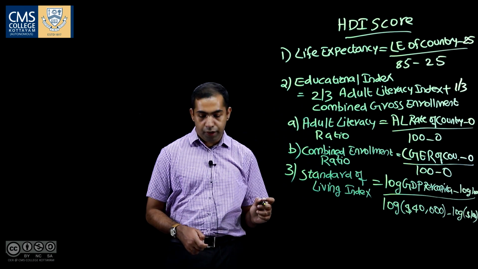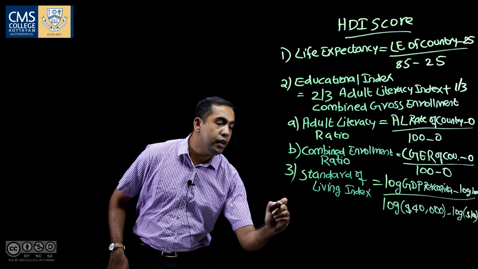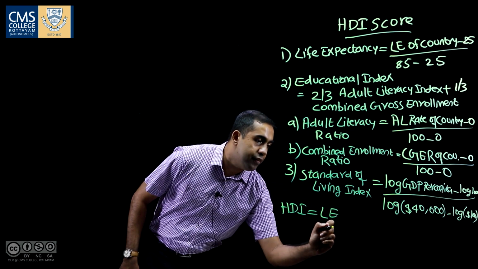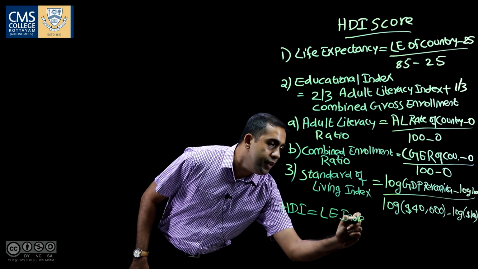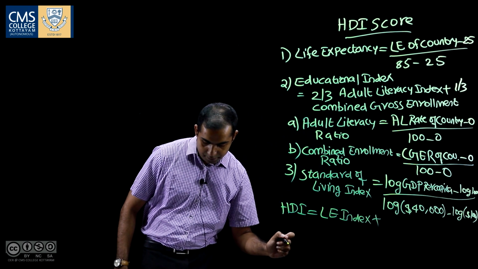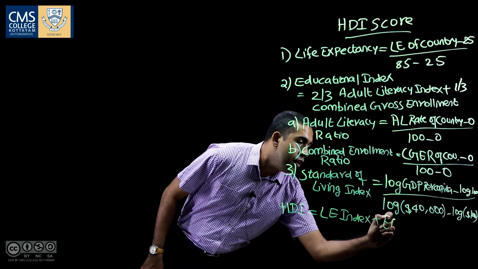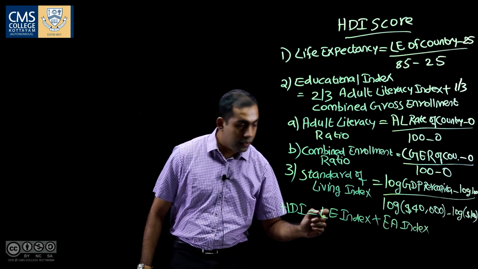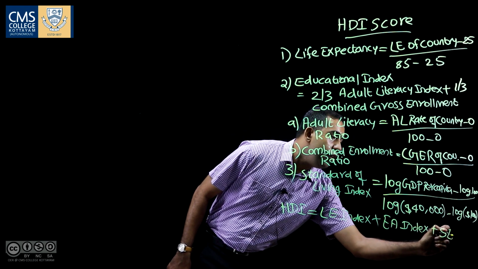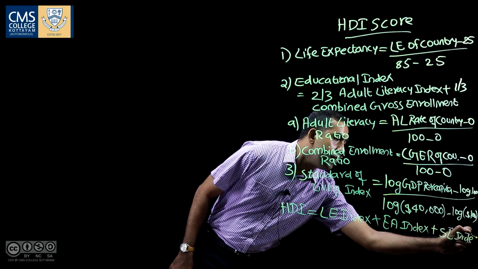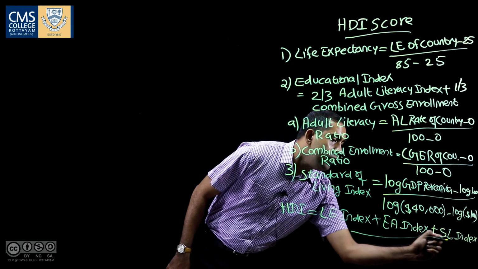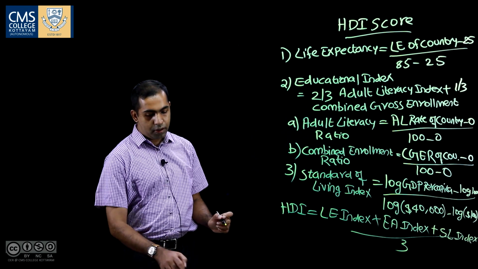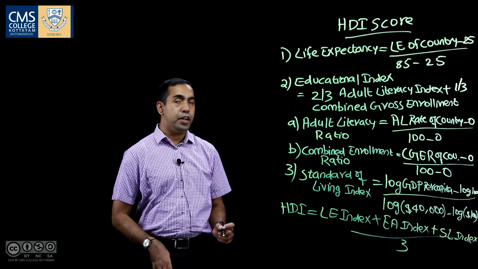And finally the general index HDI is the LE index, that is the life expectancy index, plus educational attainment index plus standard of living index divided by 3. So, this is all about the construction of HDI.